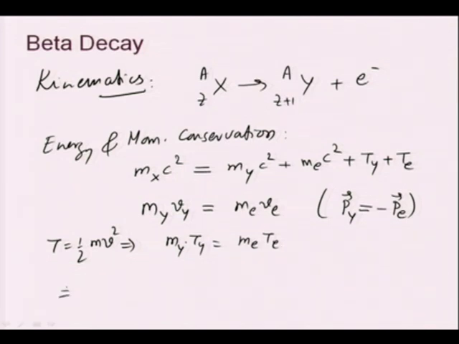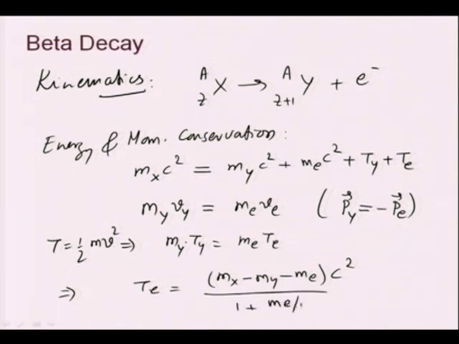Putting these together, the energy conservation equation and the momentum conservation in terms of the kinetic energy now gives you together T e equal to (m x minus m y minus m e) c square divided by 1 plus m e over m y, similar to an expression that we had in the case of alpha decay.